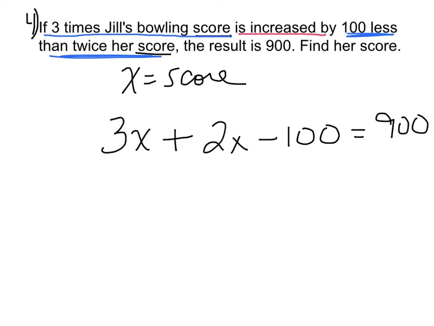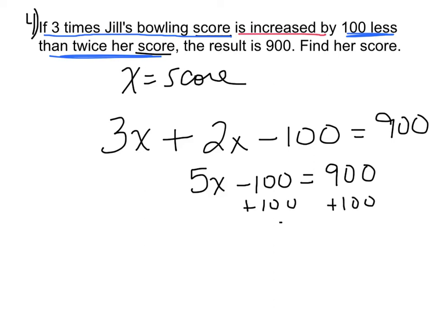So now if we solve this, we're going to be adding like terms. 3x plus 2x is 5x. Minus 100 equals 900. So we're going to add 100 on both sides. So that would be 5x equals 1,000.